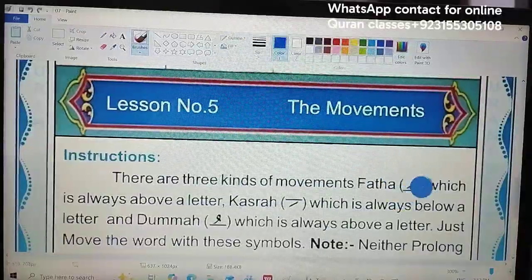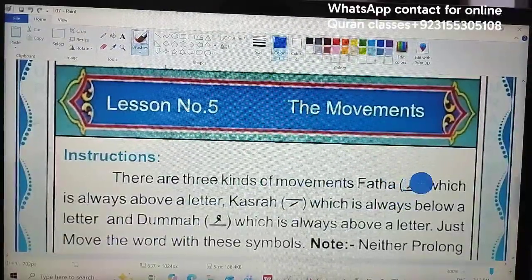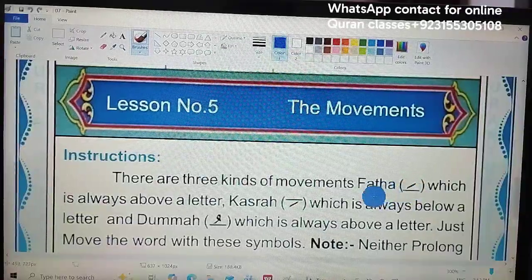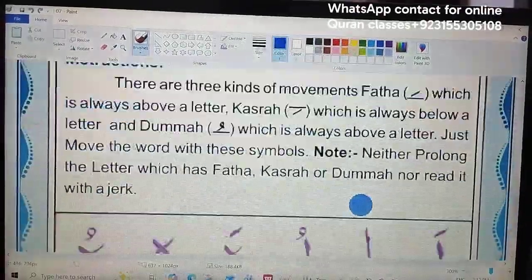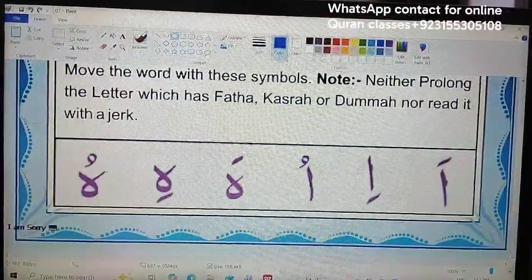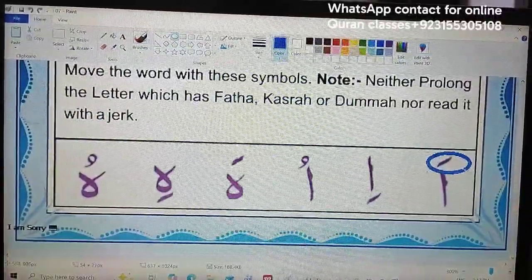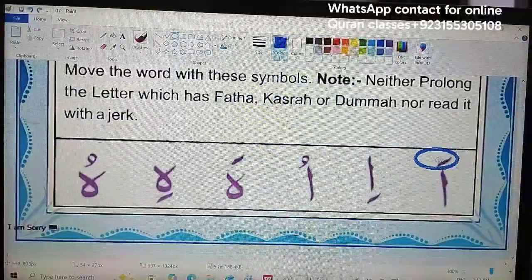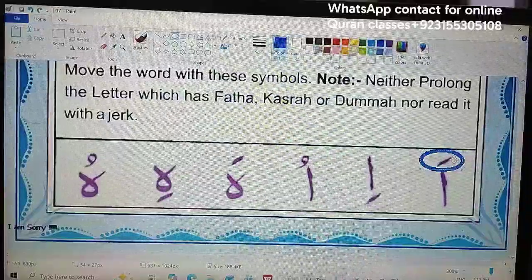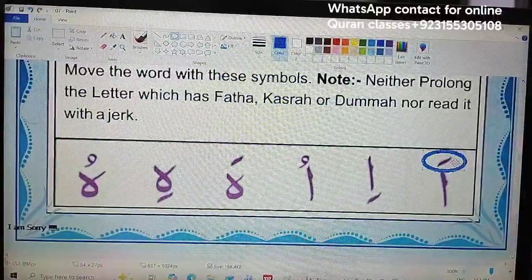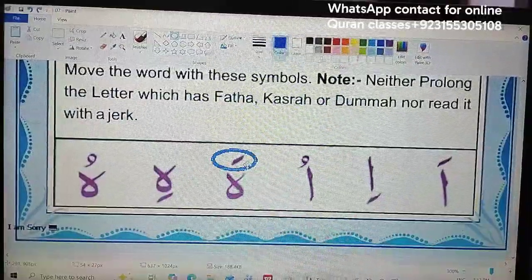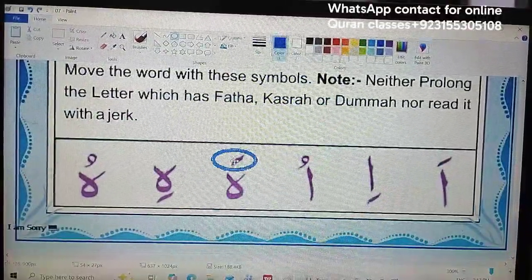The name of this line is fatha, and it is always above a letter. This is fatha, and also here this is fatha, and this is always above a letter.